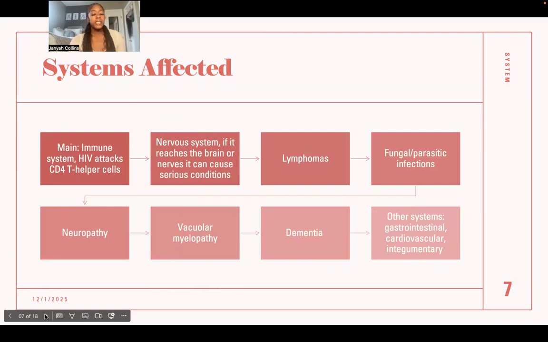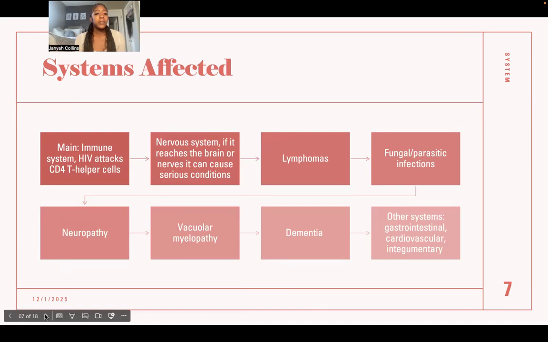So there are a few systems that are affected. The main system is going to be our immune system, since we know that this disease affects our CD4 T helper cells. Depending on the stage of the virus, the nervous system can be affected as well. If this virus reaches our brain or our nerves, it can cause other serious conditions such as lymphomas, neuropathy, or fungal and parasitic infections.